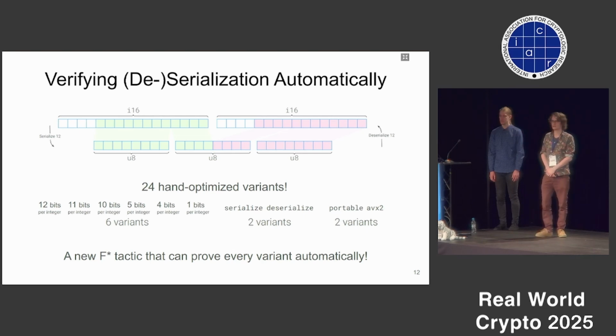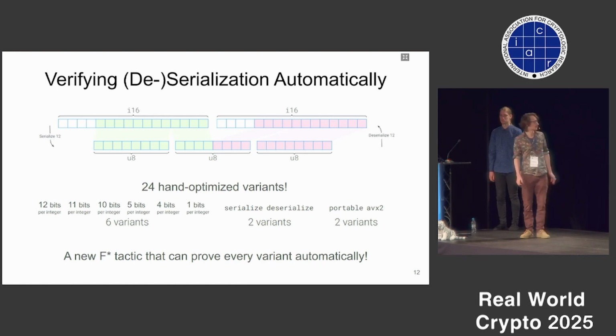Okay, let's look now at another example. That's about low-level formats. In ML-KEM, there are a few places where we need to pack and unpack internal data structures as bytes. Here, the example is about ML-KEM ciphertexts, which are encoded as unsigned 16-bit integers.